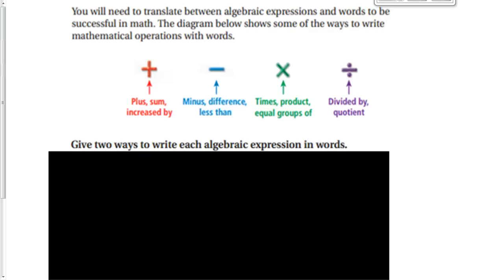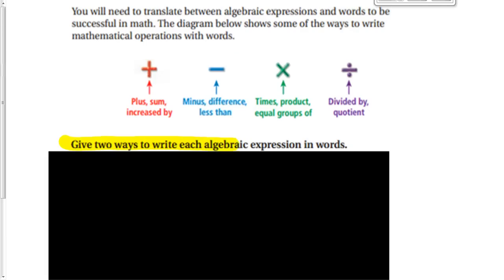So, for instance, plus could be sum or increased by, minus could be difference, less than, times, product, dividend, quotient for division. So those are things you can write down if you need little reminders. Okay, so this example here says give 2 ways to write each algebraic expression in words.